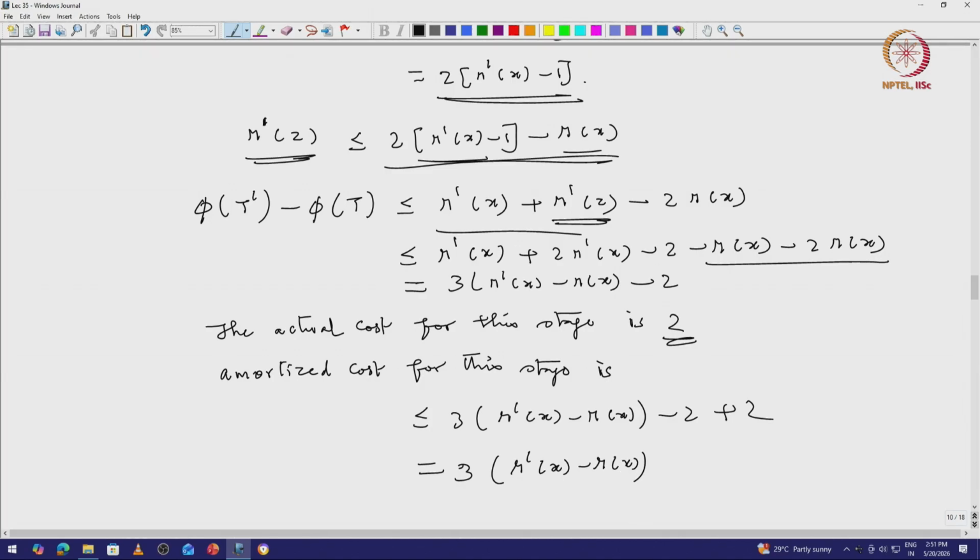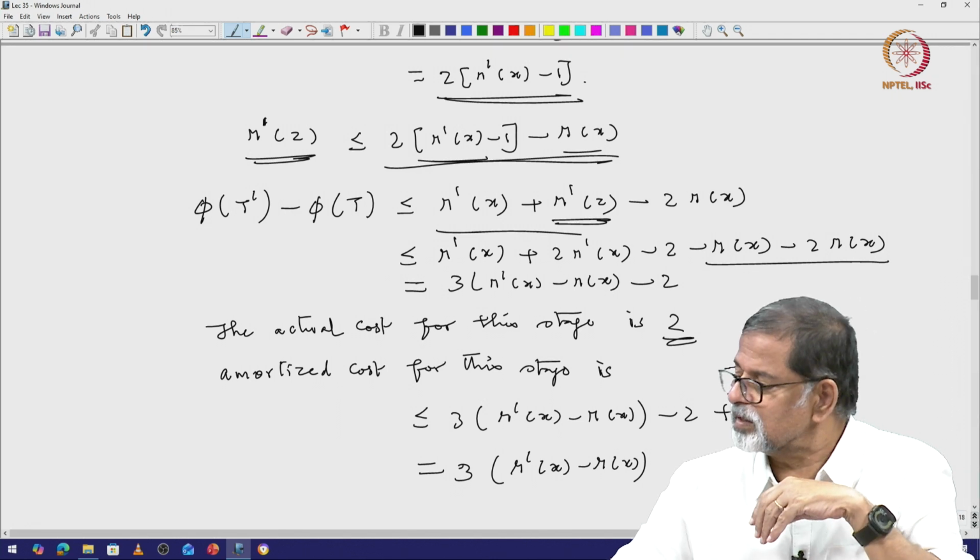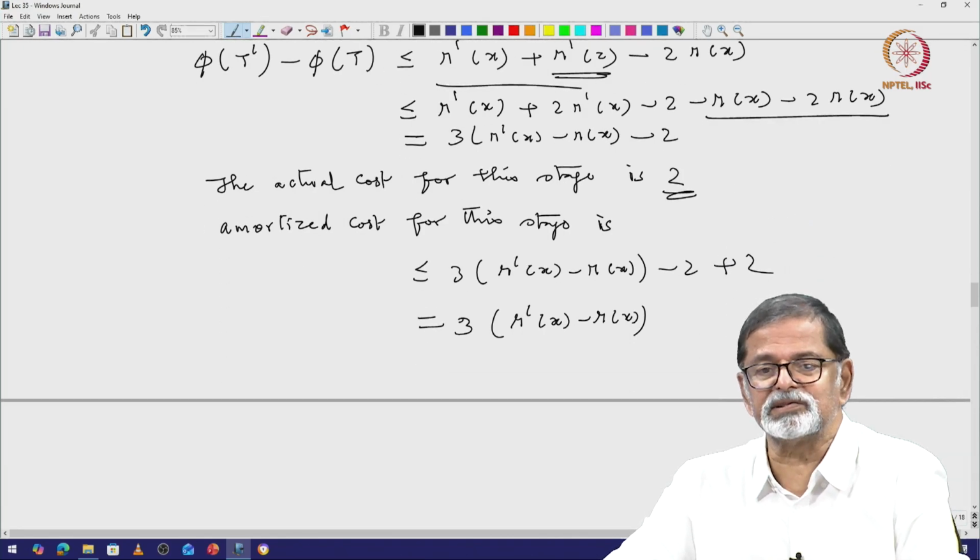It is only for this stage, but the same thing is going to happen for the next stage. What is happening in the next stage?